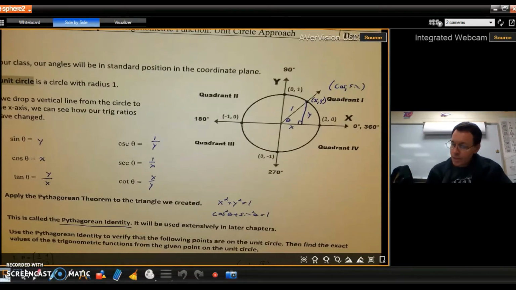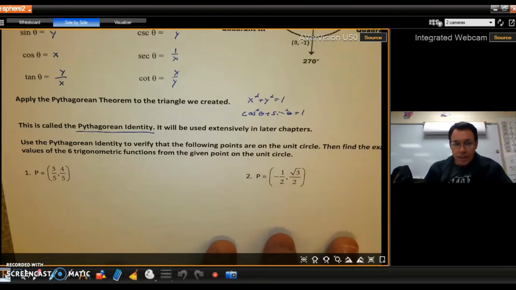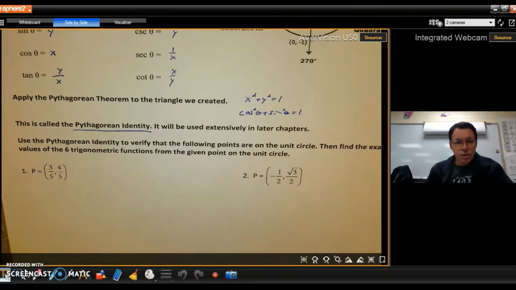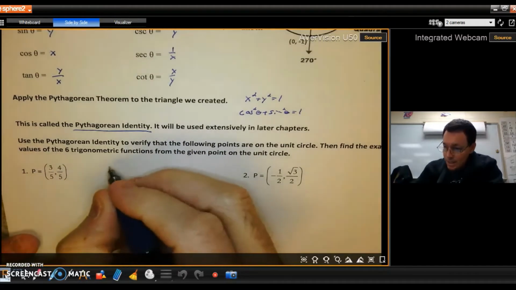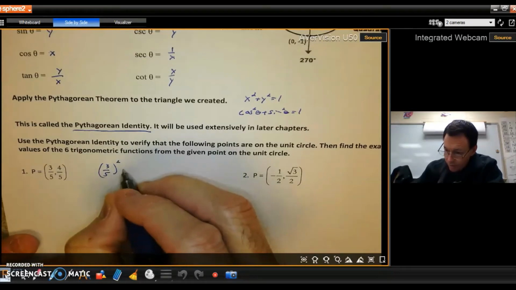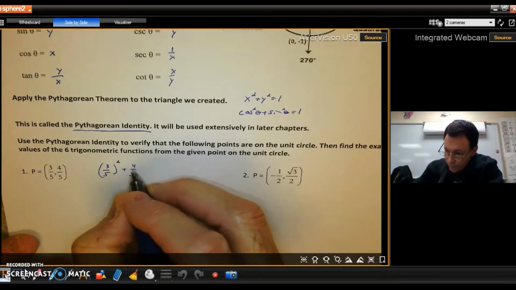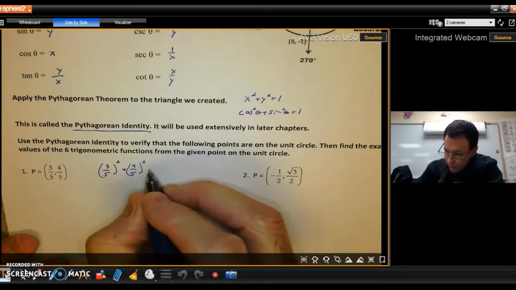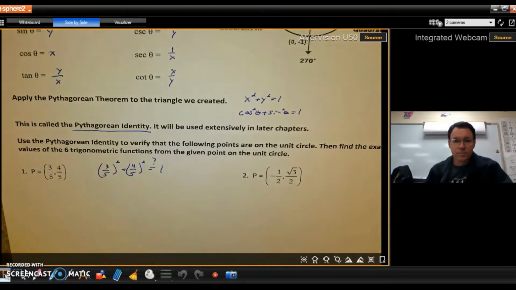Okay? So, if you look at the bottom, it says, use the Pythagorean identity to verify that that point is on the unit circle. So in other words, does 3/5 squared plus 4/5 squared equal 1? Is that true? Do those things equal each other? Well, don't grab a calculator. This is not very hard to do.